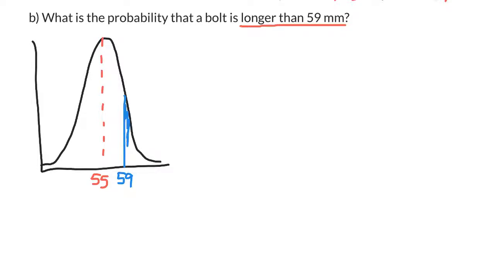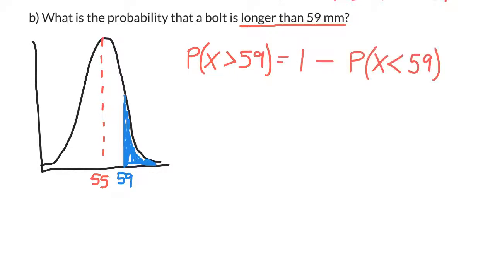So I'm actually looking for this area over here. And you just have to remember the z-score table always gives areas for being less than a certain number. So if we want to know the probability that the length is greater than 59 millimeters, we need to rewrite that as 1 minus the probability that x is less than 59 millimeters. We're basically taking the complement.